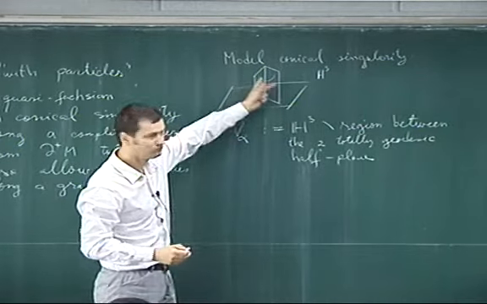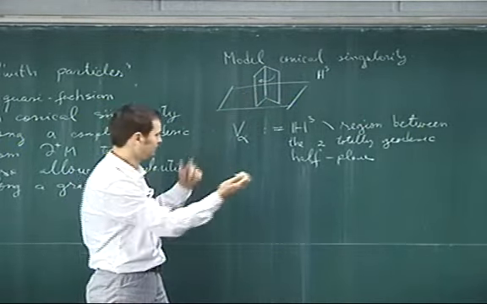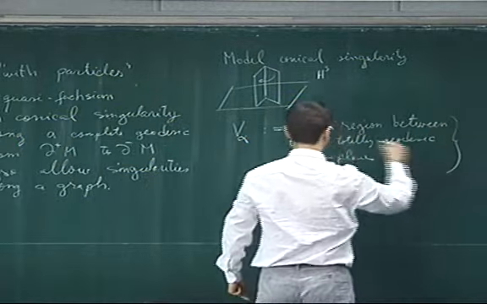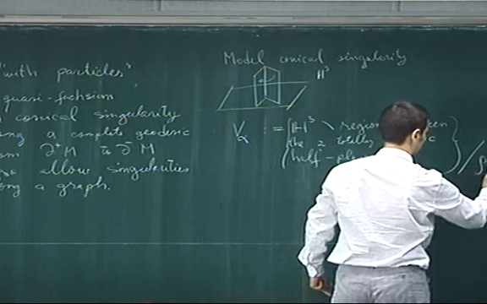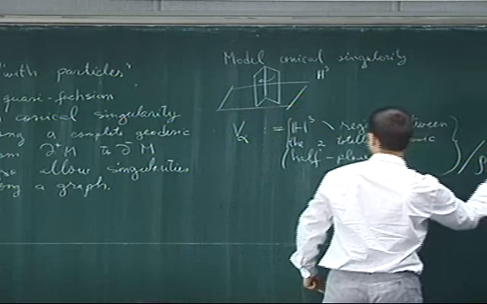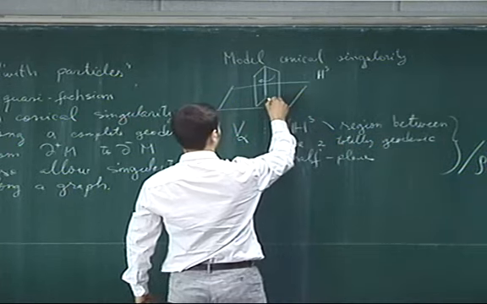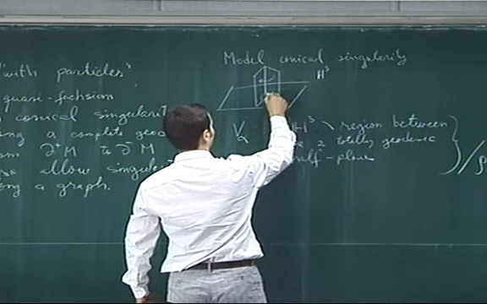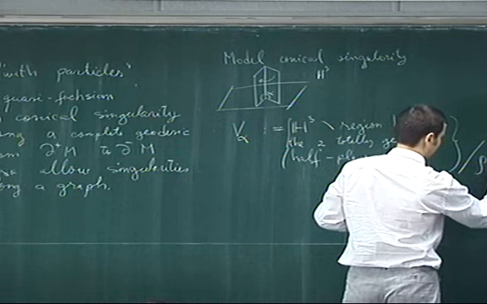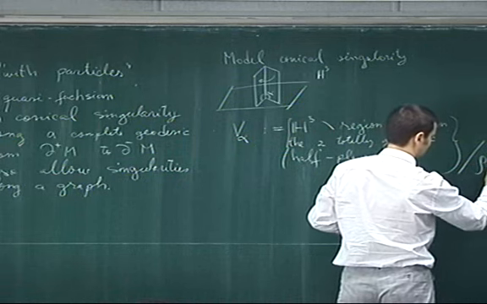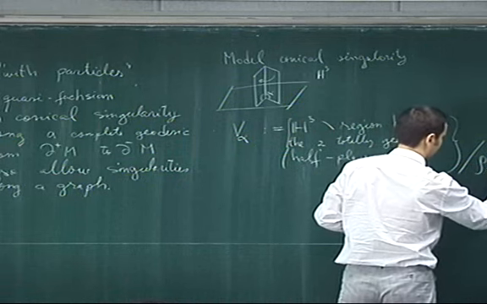You remove what's in between the two half planes, and then you mod out by the rotation with the angle. So if this angle here is alpha, then you mod out by this rotation of angle 2 pi minus alpha.